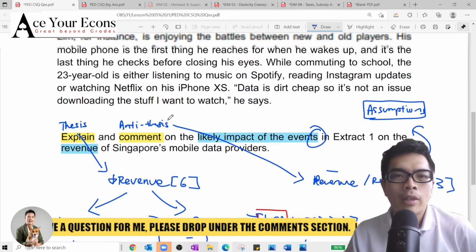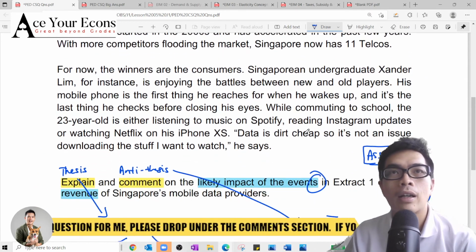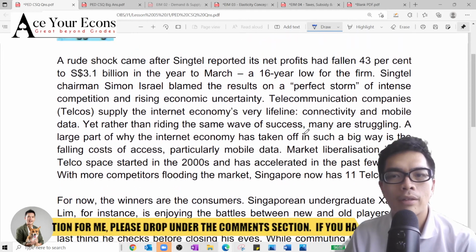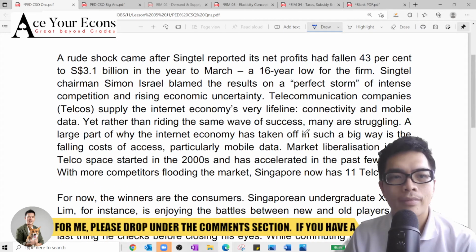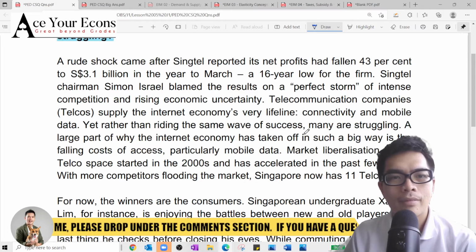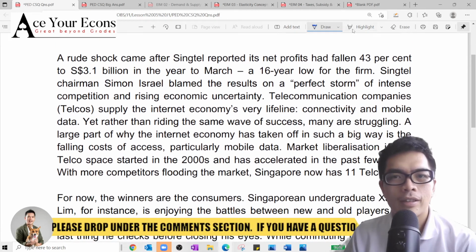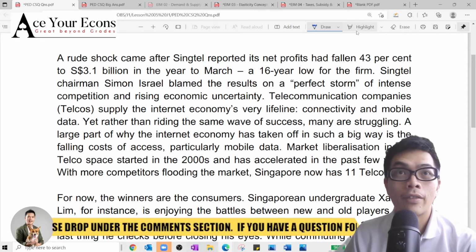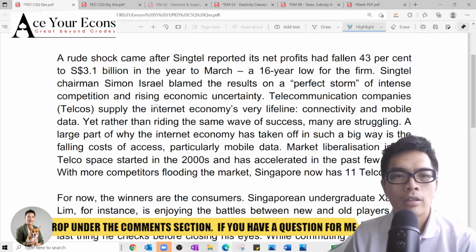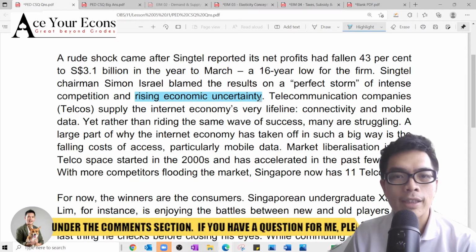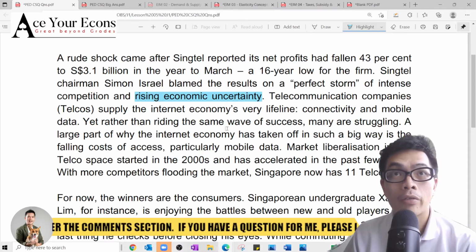Income. Okay, so how can we tell that it is an income factor? From where? From the statement rising economic uncertainty. Okay, thank you, Cheryl. Always be concerned about what you want to look out for.